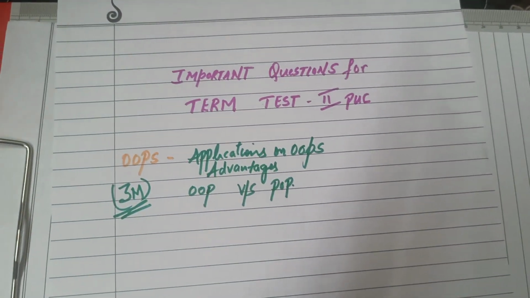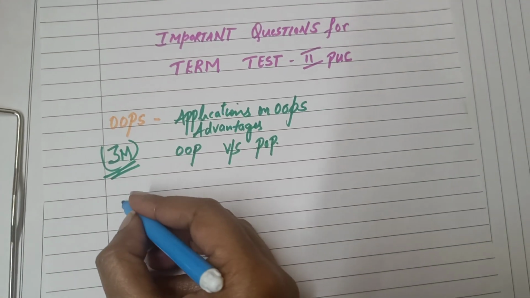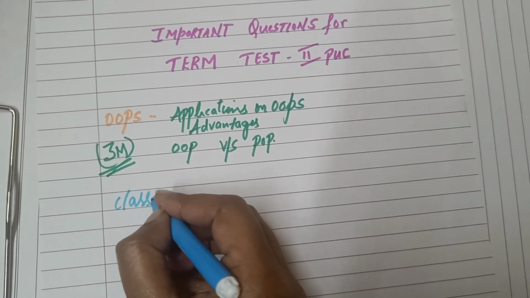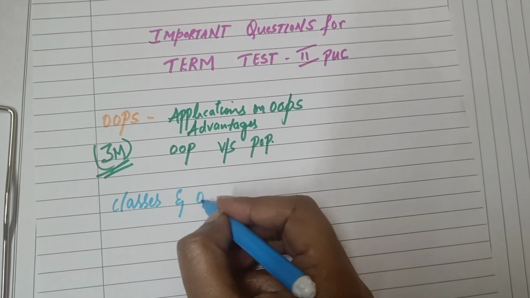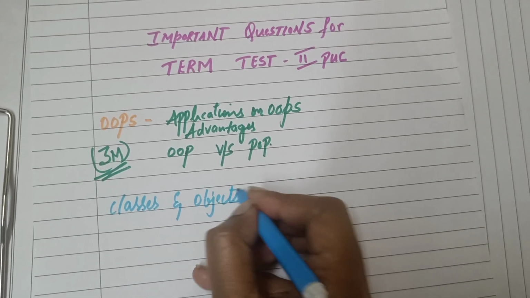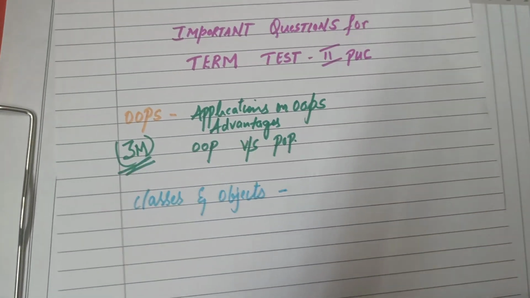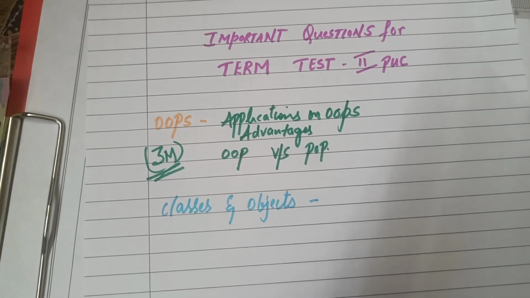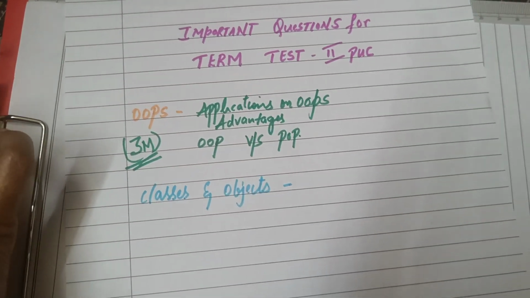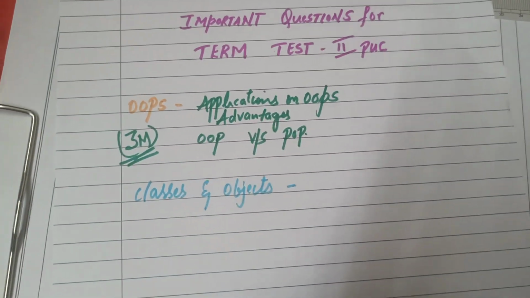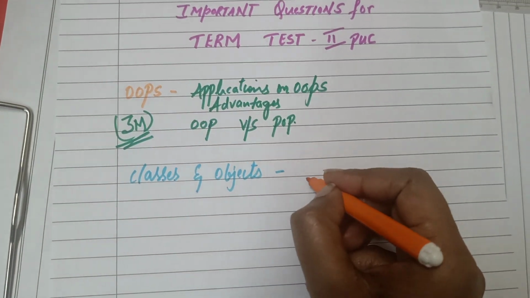So I hope you all understand the OOPs concepts. Next, let's come to the classes and objects chapter. In this chapter the most expected and important question is access specifier.